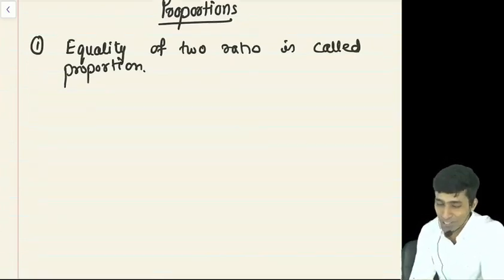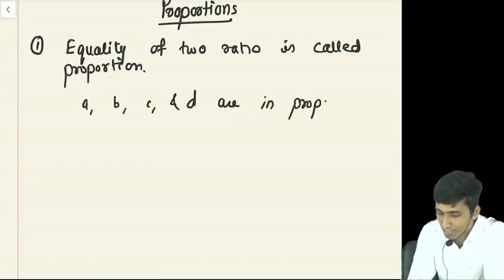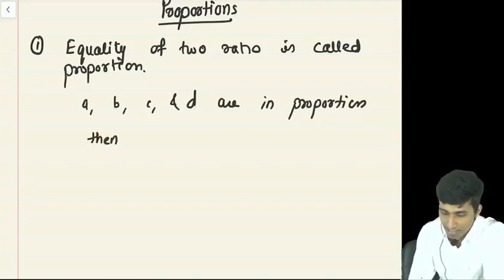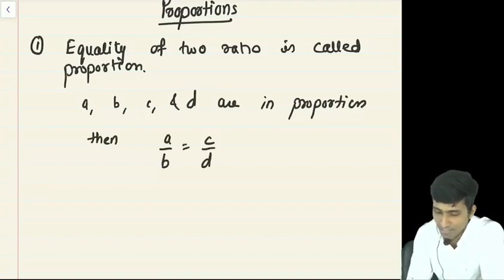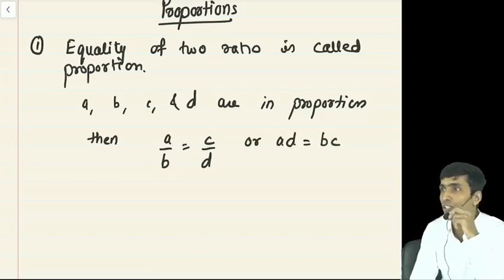Equality of two ratios is called proportion. A, B, C and D are in proportion. Then A by B is equal to C by D, or I can say AD is equal to BC.